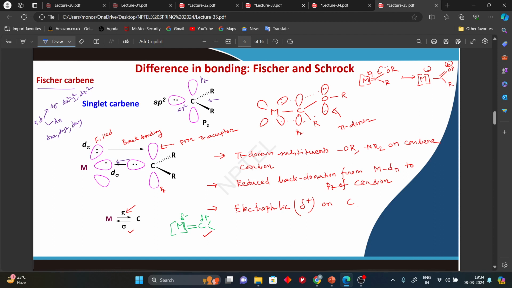If we see the connectivity with the metal, it has this kind of sigma donation and pi back donation properties, which increases sigma donation and pi acidity. And pi donor substituents such as oxygen and nitrogen reduce electrophilicity. So that's the Fischer carbene.